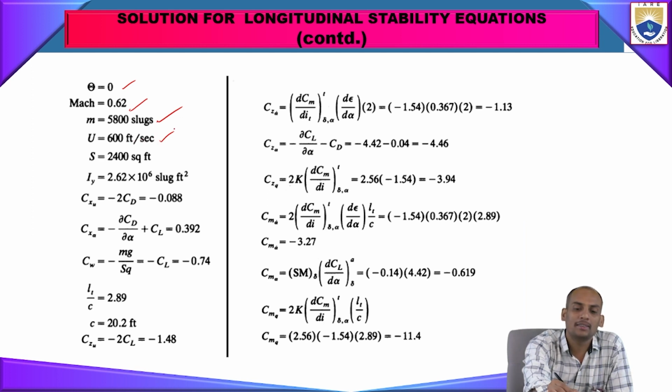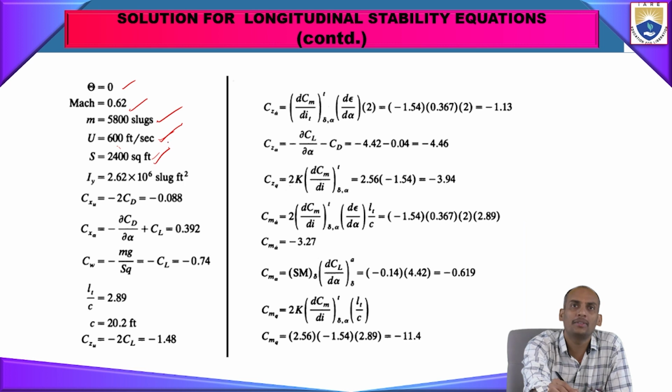How much will that be? 1 foot is about 30 centimeters, so it will be around 400 or 450 meters per second velocity. And the total area, the wing area, you consider here.